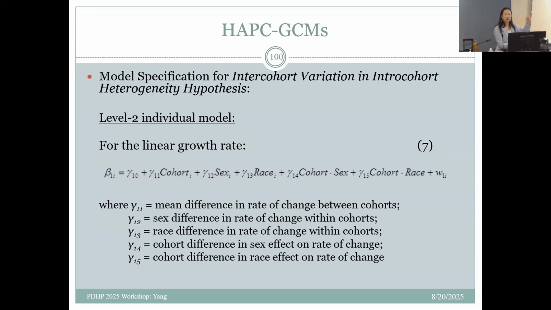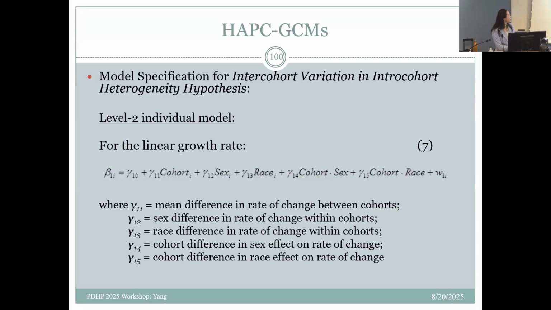And then level 2, for the linear growth rate model, you could test exactly the same, and how the cohorts also differ in the age effect in the linear rate of change by plugging in the same variable.